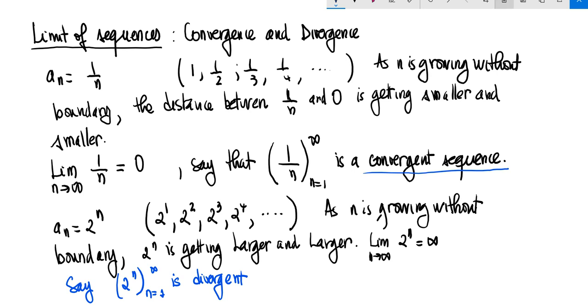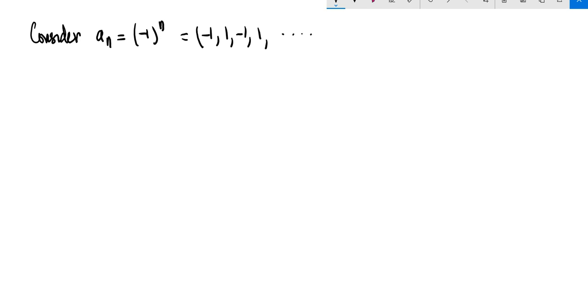All right, so let's look at another example. Let's consider the sequence an, which is -1 power n, right? And you can see that this sequence is -1, 1, -1, 1, and so on.